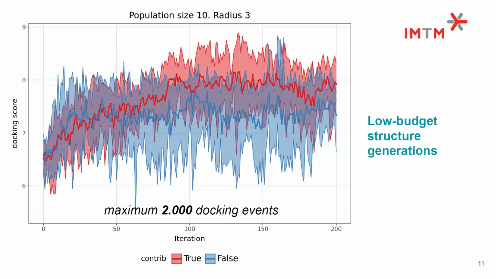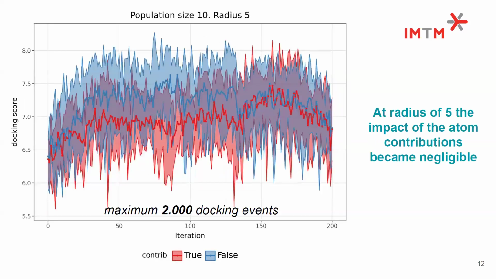Also, as we can see on the red line, by introducing the atom contribution we can navigate through the chemical space more efficiently, because we are finding more and more promising molecules by docking score than with just the genetic algorithm. So we can tell that atom contribution helps the algorithm to converge early. Maybe the regular genetic algorithm would just require more iterations.